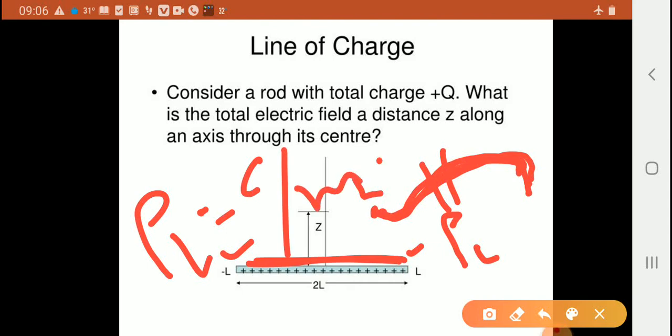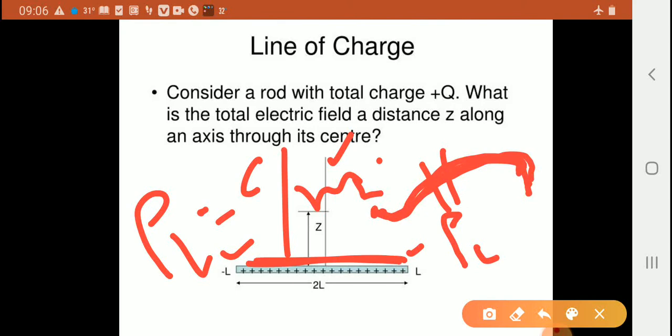Since the charge is measured in coulombs and length of line is measured in meters, the unit of rho L is coulomb per meter. The charge density rho L is constant.